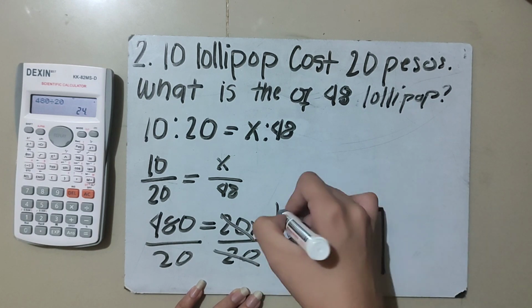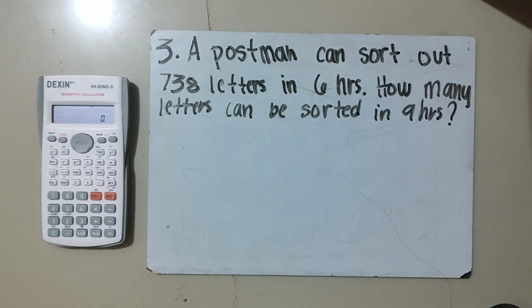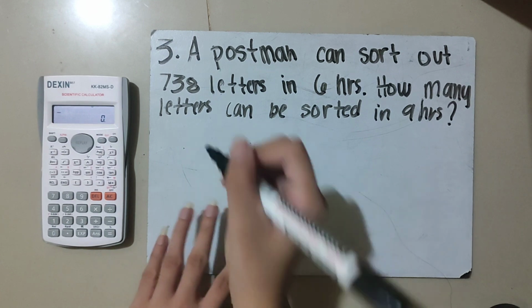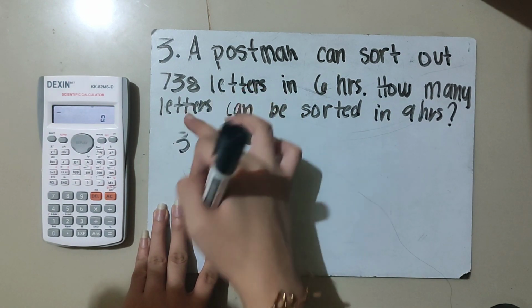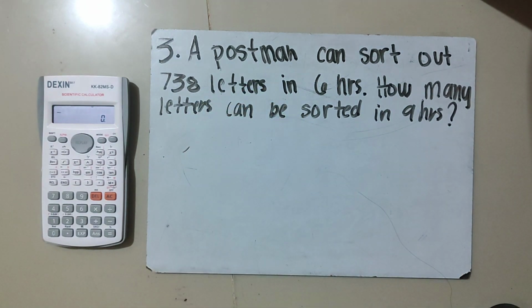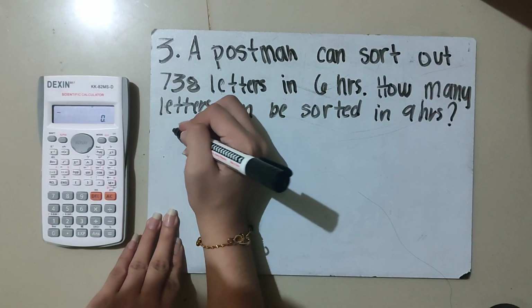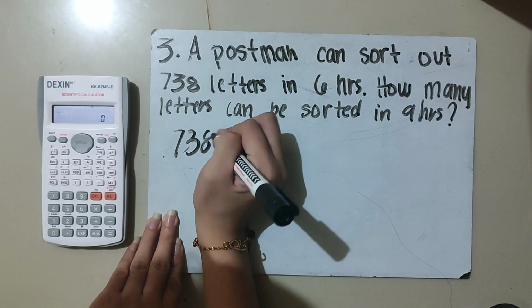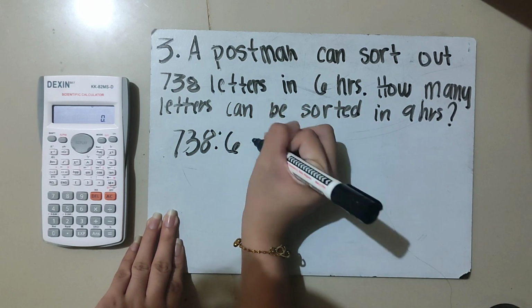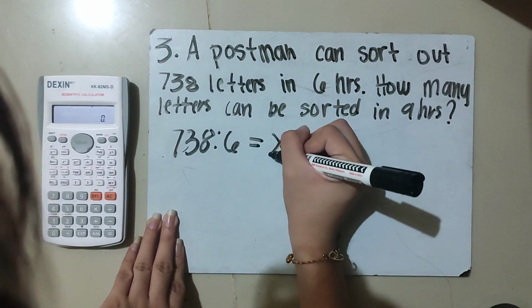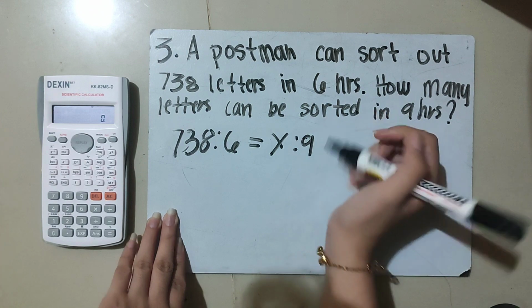So let's move to our problem number 3. Sabi dito, a postman can sort out 738 letters in 6 hours. How many letters can be sorted in 9 hours? So parang ganun lang din sa problem number 1 and 2. Lagay lang yung given. Then yung fractional form.